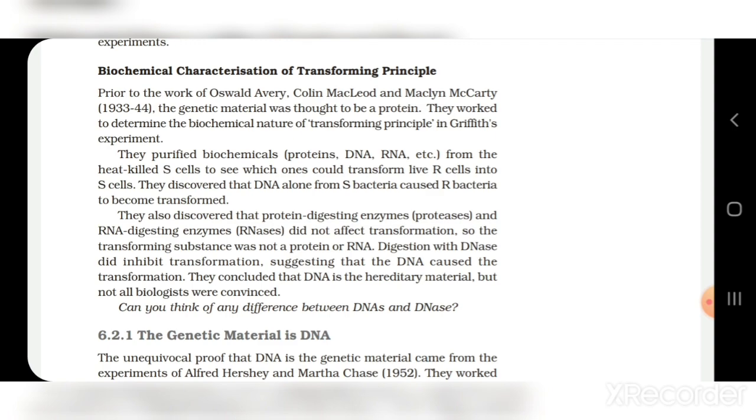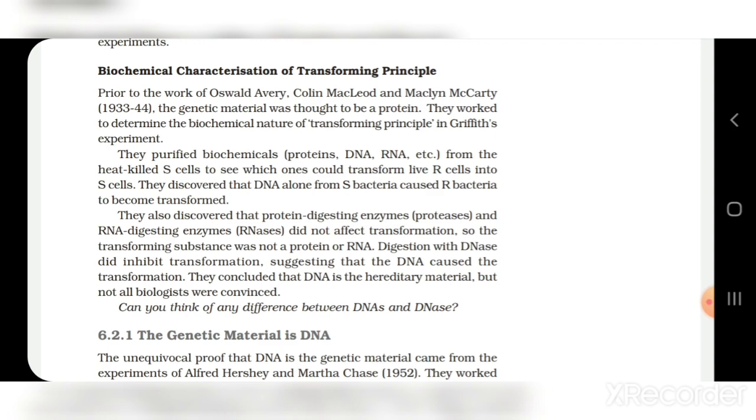Okay. Through this experiment carried out by Avery, they also discovered that the protein digesting enzyme, the protease, and the RNA digesting enzyme, the RNase, do not affect any kind of transformation.